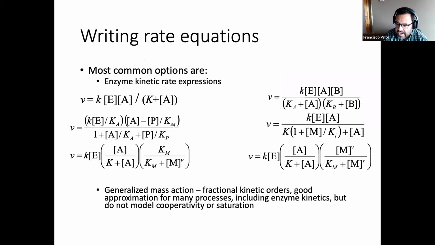That is an activation Hill equation. And on the left side, you have an inhibition Hill equation, where you have the term Km raised to v divided by Km raised to v plus M raised to v. Those kinds of expressions give the rate the shape of a sigmoid in relation to the modulator.